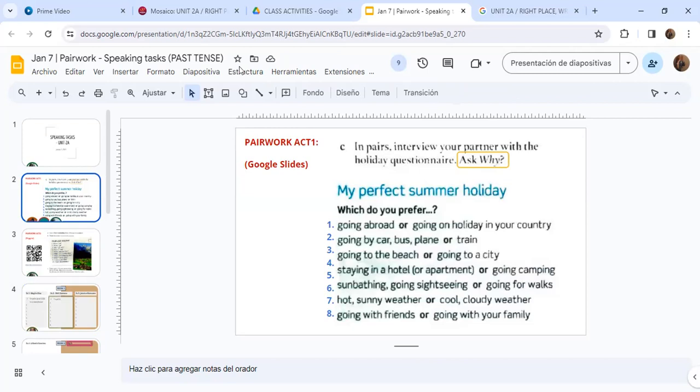Which do you prefer? By car, by bus, by plane, or train? I prefer to go by car. By car. Yes. Ajá. It is the same, yo también. By car.